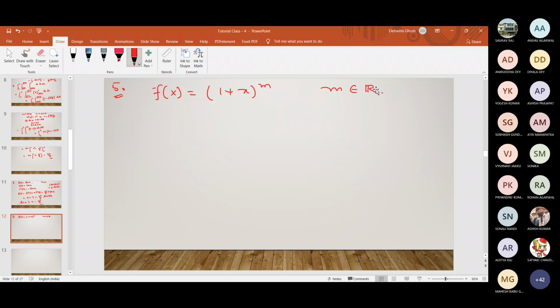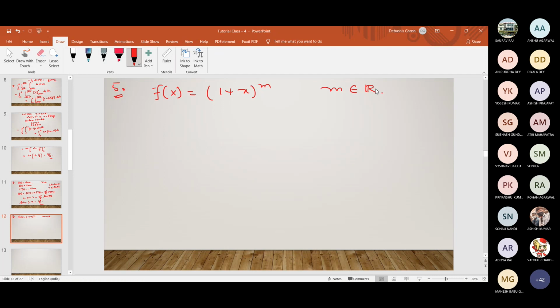After n terms means we have to take the differentiation, since we are considering the expansion starting from f of x equals f of 0 plus f dash 0, it goes on. So n terms will be completed at the n minus 1th derivative.